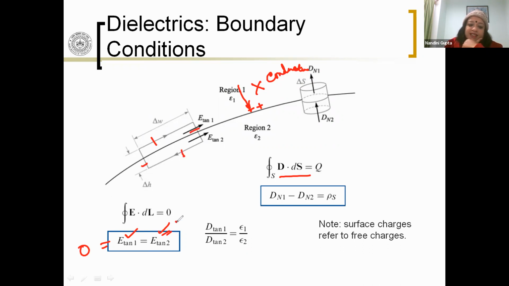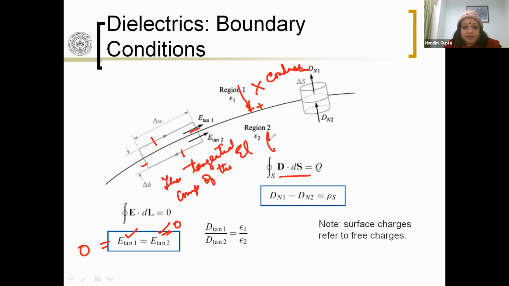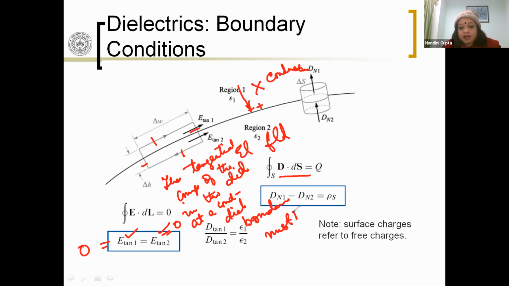So in that case, E tan 2 must also be equal to 0, which means that if you have a dielectric, the tangential component of the electric field in the dielectric at a conductor-dielectric boundary must be 0.